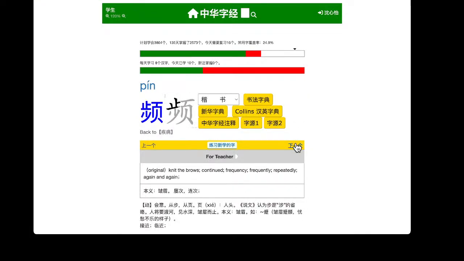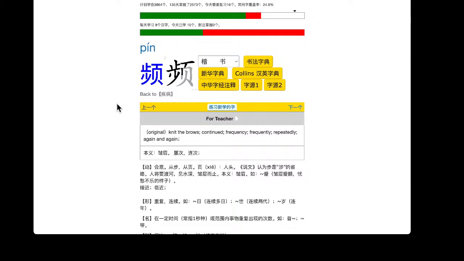平 originally meant to knit the brows, furrow the brows, like when you're kind of frustrated. It also has meanings of continued, frequently, a frequency, repeatedly, or again and again. This is the 平 that you'll see in 视频.